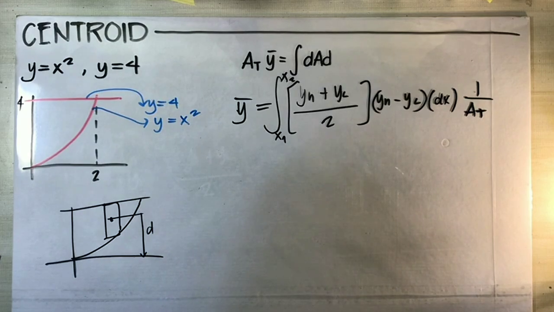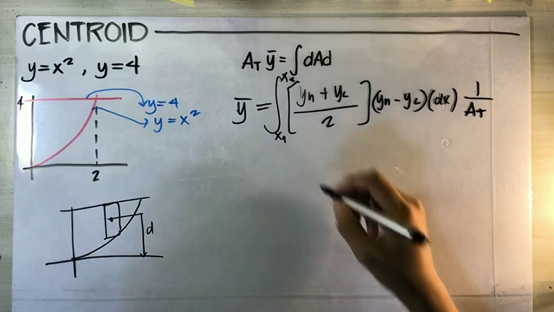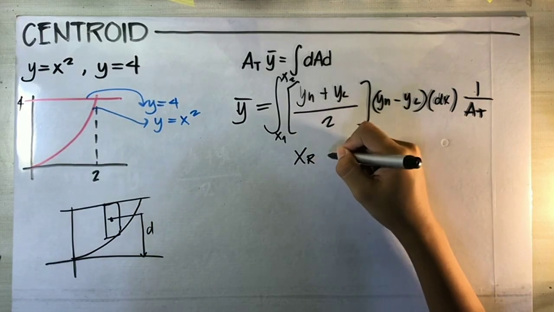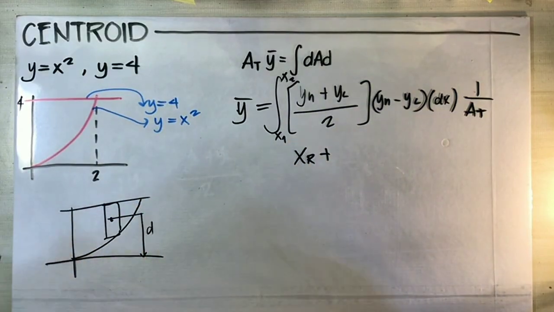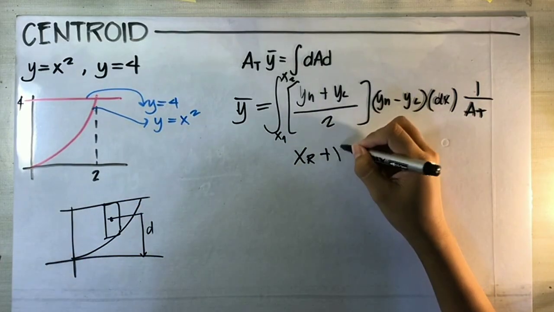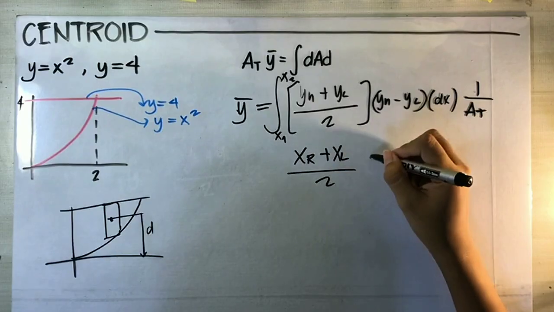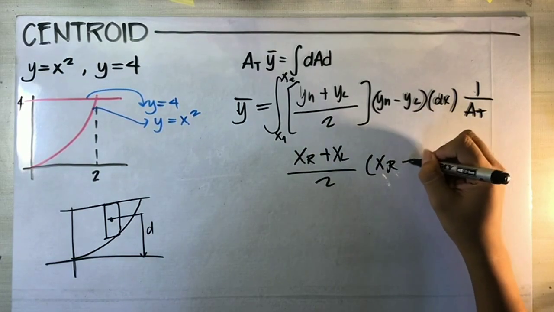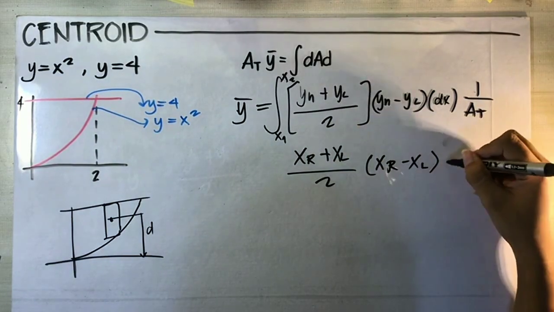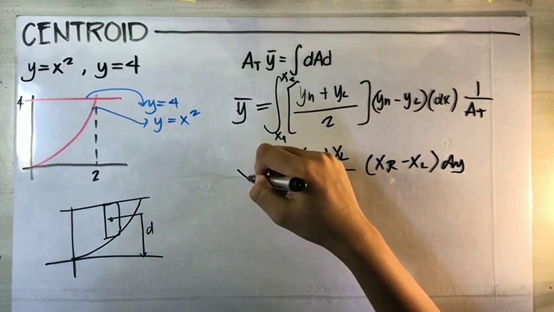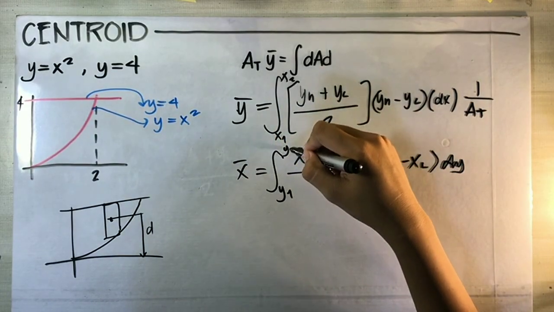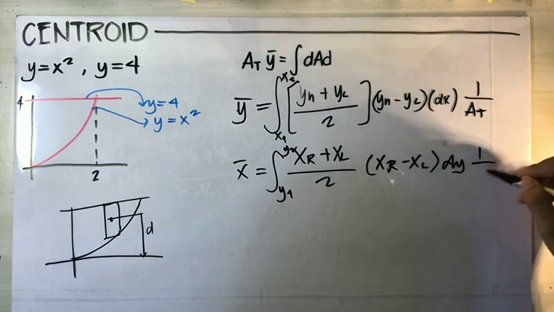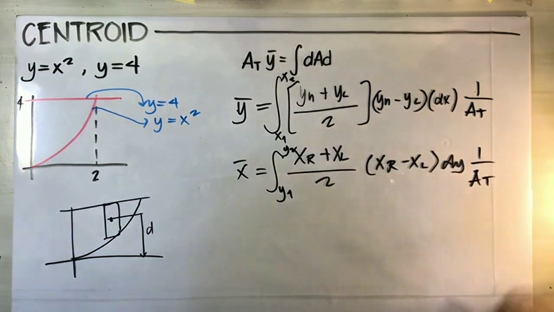The only difference is that we will make it x right plus x left all over 2 times x right minus x left dy. So this is x bar from y1 to y2, times 1 over the total area.